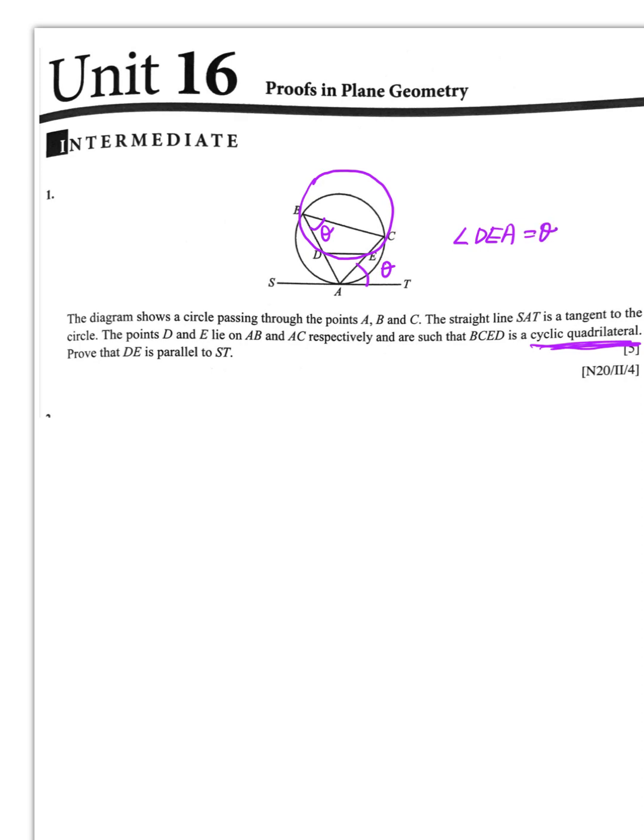Which is not difficult because you know that angle DEC is 180 minus theta. So first, let angle CAT equal theta. Therefore, angle CBA is equal to angle CAT. Reason: alternate segment theorem.